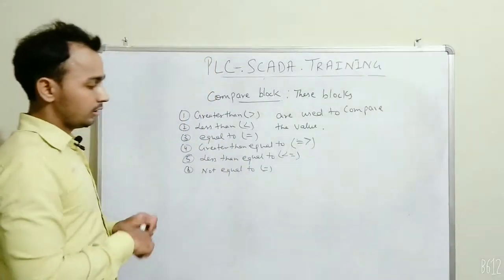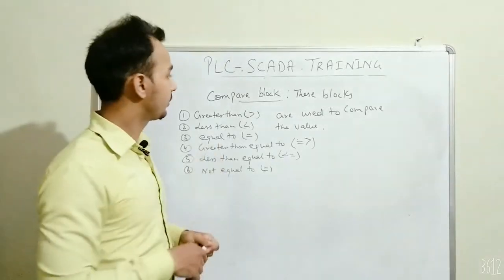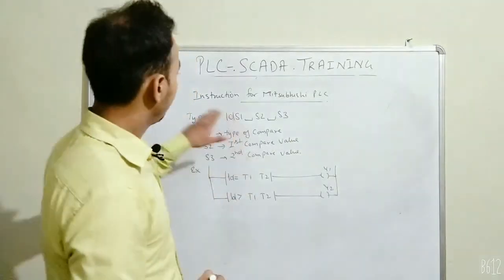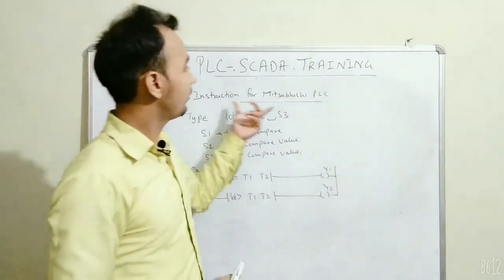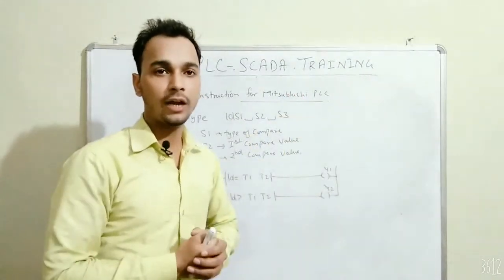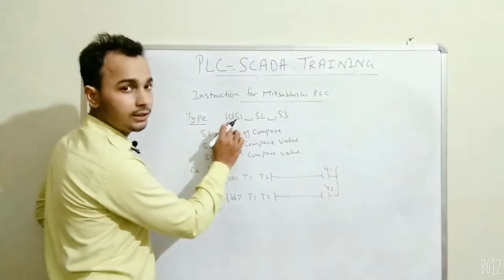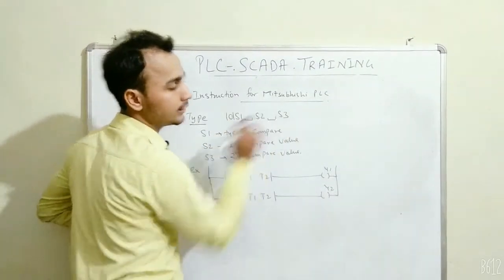So let's take an example of how to use these blocks in a program. Now, the instruction for Mitsubishi PLC. What type of instruction do we have to use for the compare block? Simple, we have to type LD, space, LD S1, space, S2 and S3.